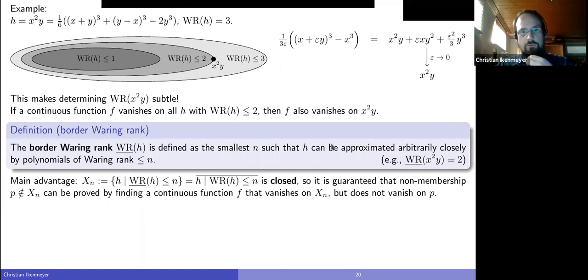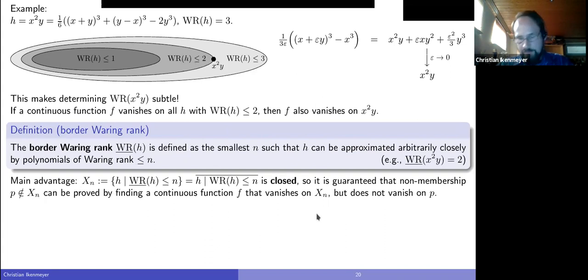So the main advantage of doing this is that if you look at the set of polynomials that have a border Waring rank of at most n, that is the same as the closure of the set of polynomials of Waring rank at most n. Right? So this set is closed. So it's guaranteed that the non-membership in the set can actually be proven by finding a continuous function that vanishes on the set, but does not vanish on the point.